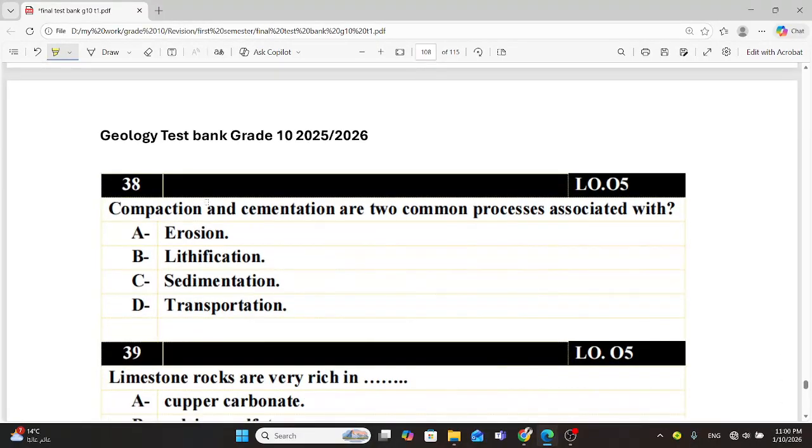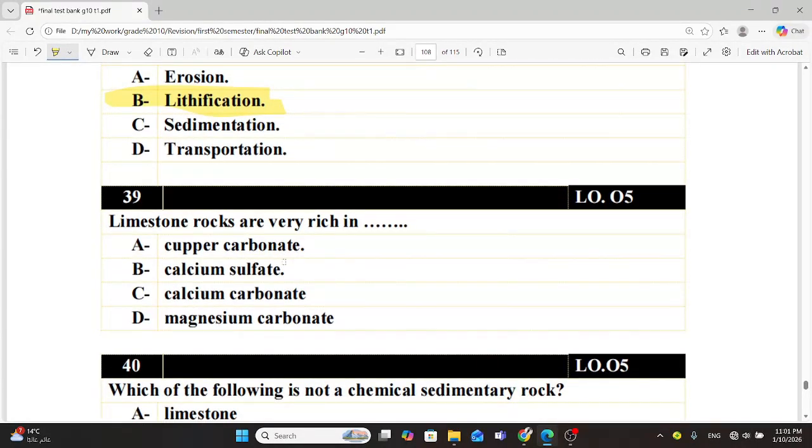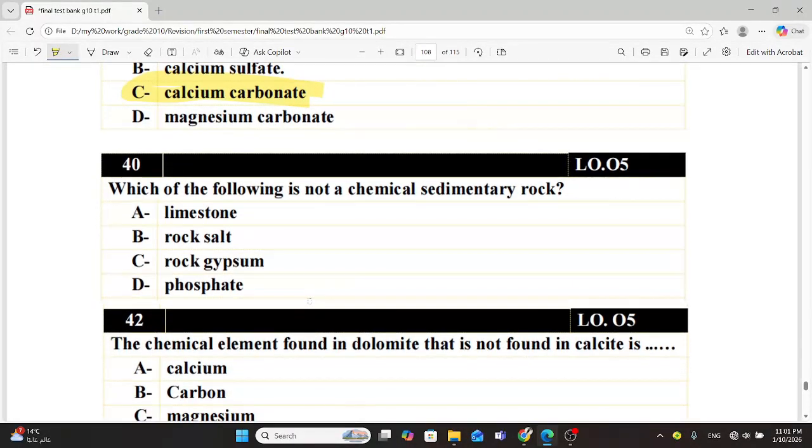Compaction and cementation are two common processes associated with erosion ولا liquefaction ولا sedimentation ولا transportation. لا liquefaction بس هنجاوبها. Limestone rocks are very rich in copper carbonate ولا calcium sulfate ولا calcium carbonate ولا magnesium carbonate. لا calcium carbonate. طيب which of the following isn't a chemical sedimentary rock؟ limestone ولا rock salt ولا rock gypsum ولا phosphate.